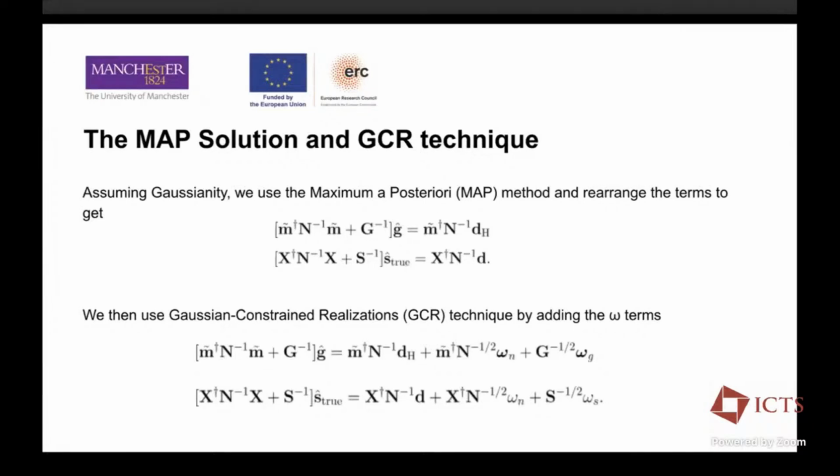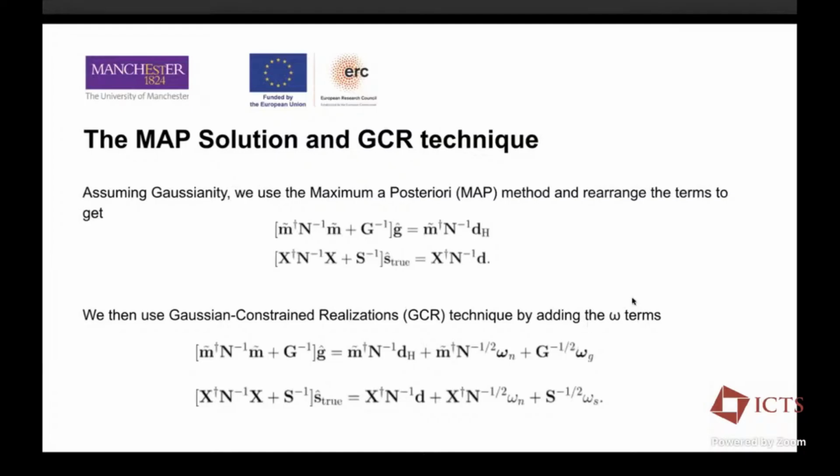The omega terms are just random numbers with mu of 0 and sigma of 1. They are then scaled according to the variance of this solution. These are our final equations for Gibbs sampling.